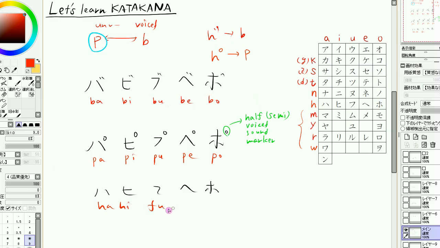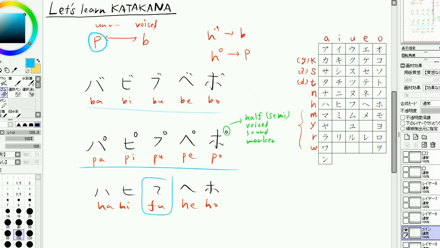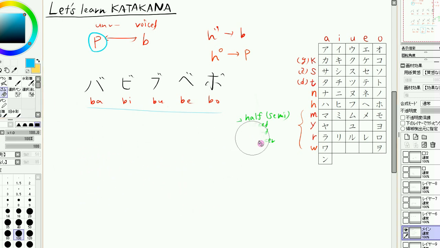It's not English fu. So you have to be careful on this one. But P and B don't have that problem. It's all the same sound throughout the row. Okay, now let's do some exercise with actual Japanese words.